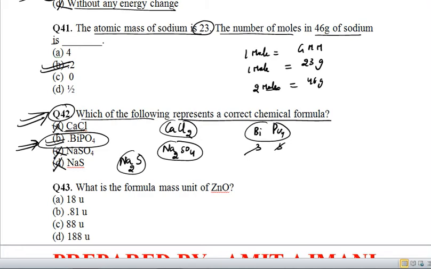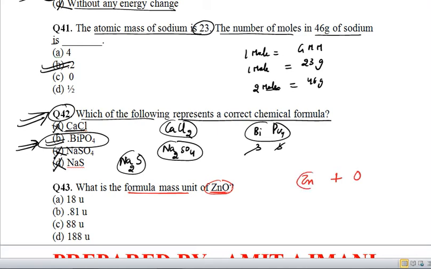Next, what is the formula mass unit of ZnO? In order to calculate the formula mass unit, we will simply see ZnO is zinc plus oxygen. So we will just add the atomic mass of zinc plus atomic mass of oxygen.